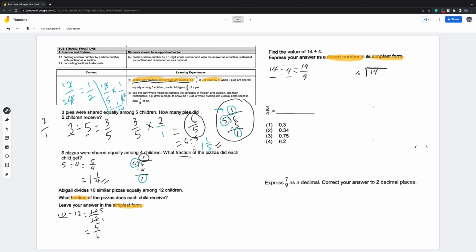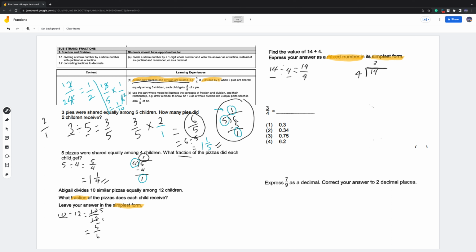Then 4 will be outside waiting. Again, 14 is in front of 4. 14 divided by 4. So this looks like a house. This is the door and this is the roof. And since 14 is first here in front, 14 will enter the house first. Now we can divide like what we've done just now.